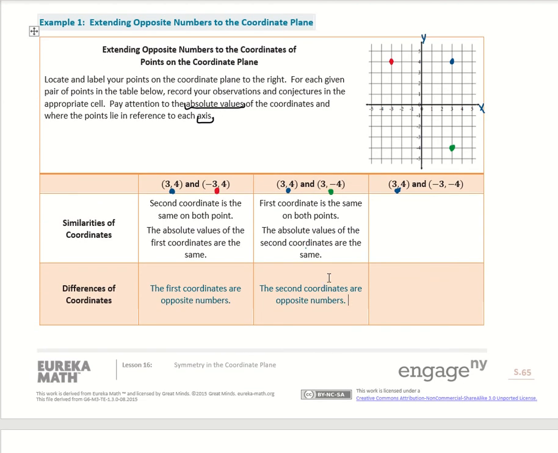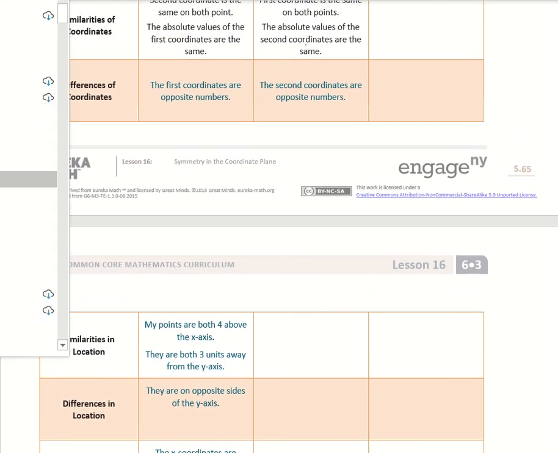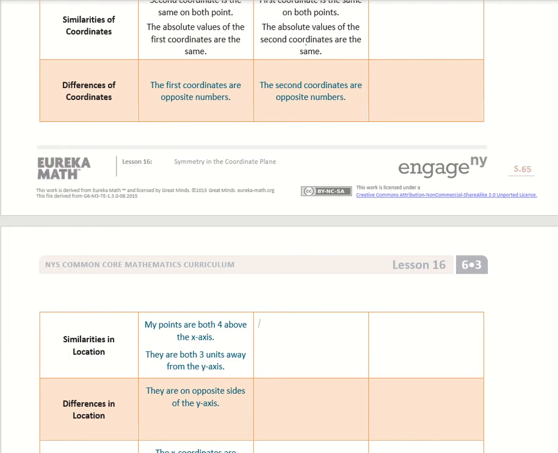And that being said about up and down, we can talk about our location. Our locations are going to be very similar to what we've already looked at. But instead of my points both being 4 above the x-axis, my points are both 4 away from the x-axis.